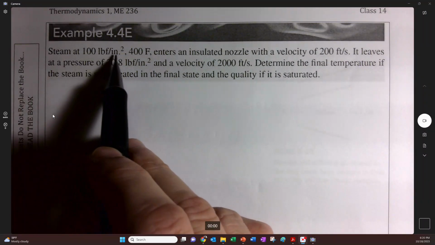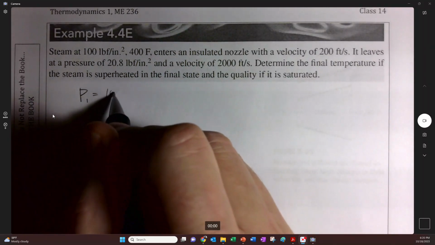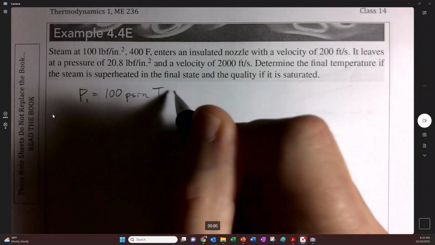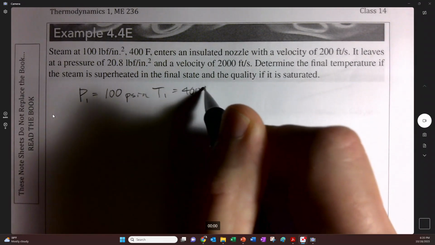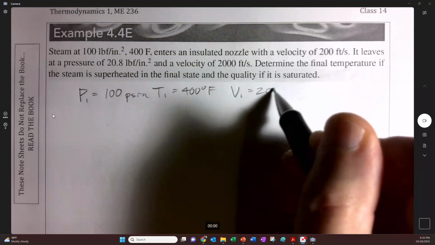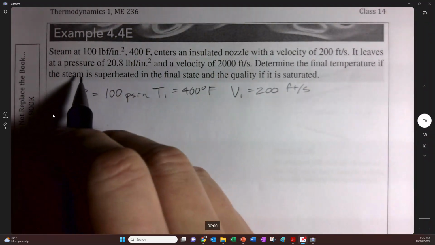We're using steam, but we have different parameters where P1 is going to be 100 psi. T1 is 400 degrees Fahrenheit. Velocity 1 is 200 feet per second, and it goes into a pressure, right?